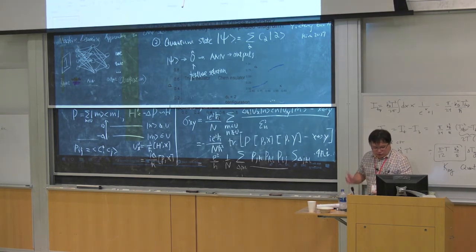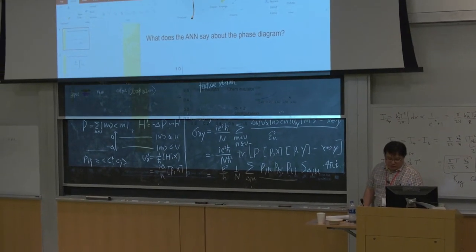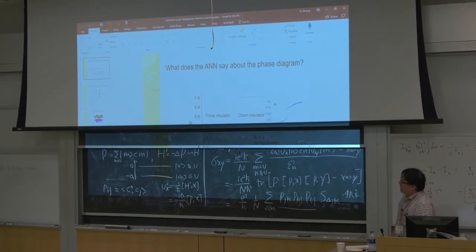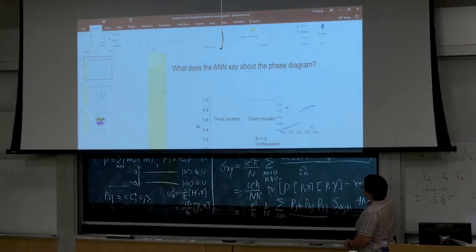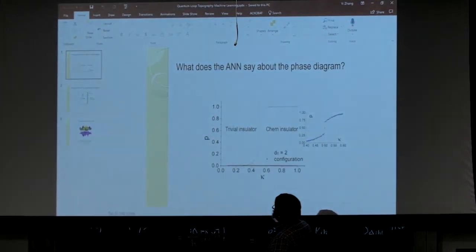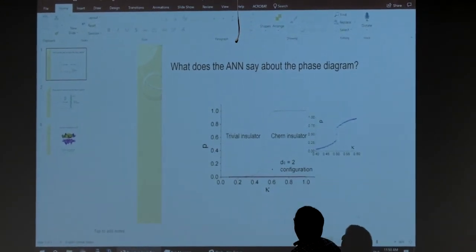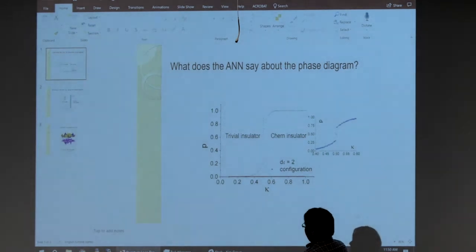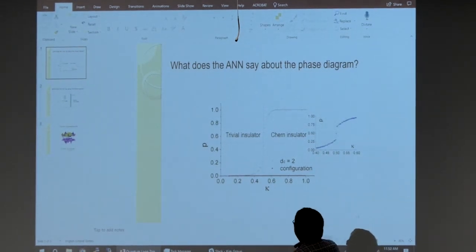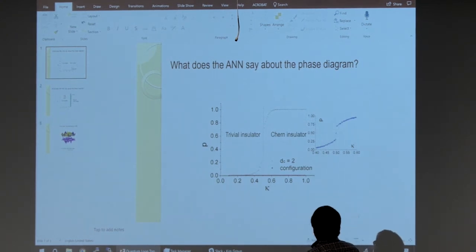The first example I want to show you is a non-interacting example between a trivial insulator and a Chern insulator. This is the result. The training is done at 0.1 and 1.0, and we trained the artificial neural network, which is simple already, with just one hidden layer with several hidden neurons.